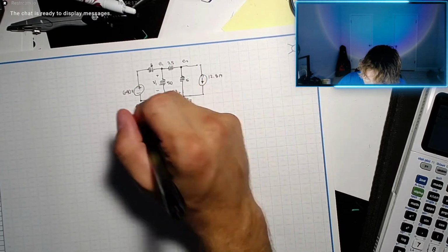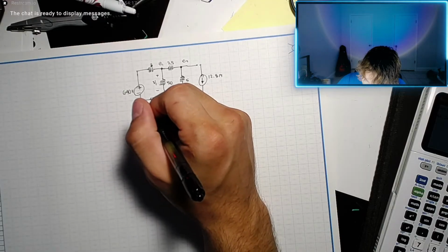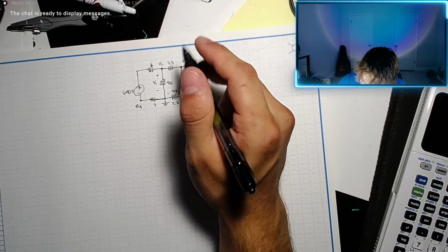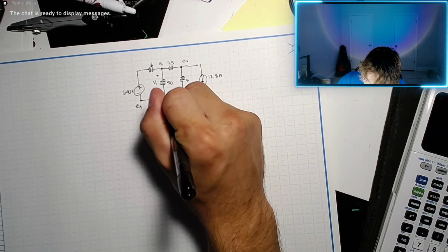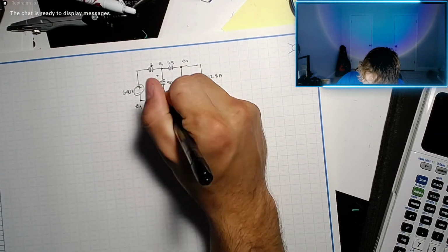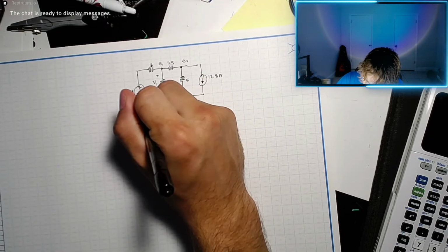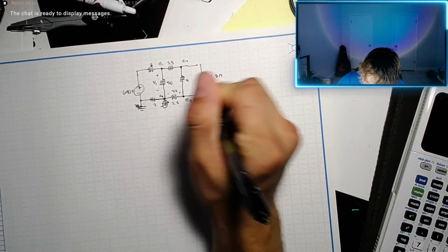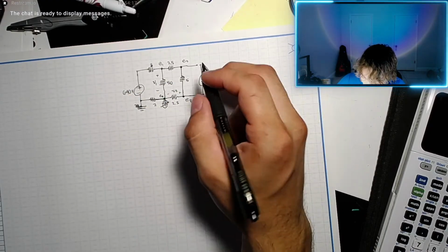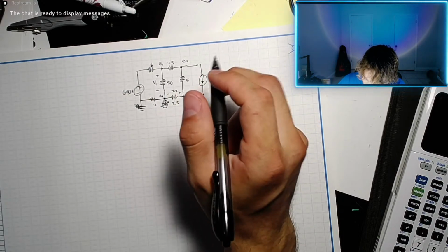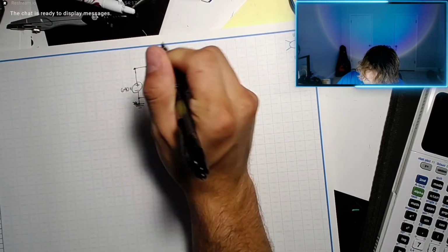Well, then I don't know. Would I not know that either? I wouldn't. Okay. E4. I want to do the same thing again, because now I know this node.